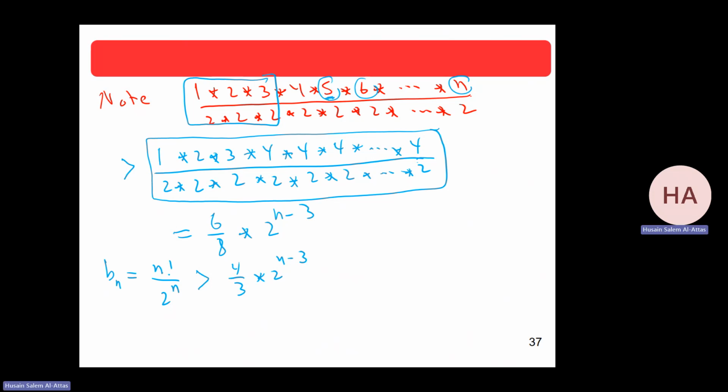That means the limit as n goes to infinity of n factorial over 2 to the power n will be greater than the limit as n goes to infinity of 4 over 3 times 2 to the power n minus 3, and that is infinity.